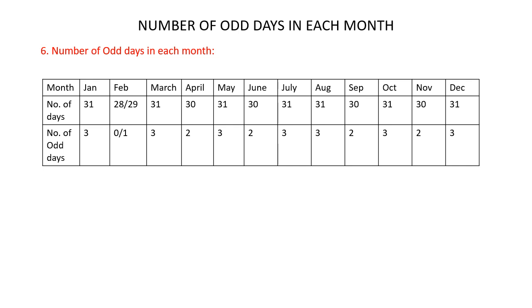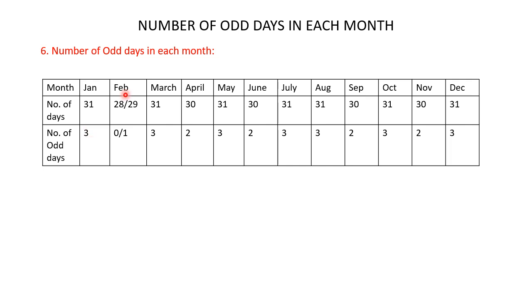Now January has 31 days. To find the number of odd days in January, divide 31 by 7. The remainder will give you the number of odd days in January. So 31 divided by 7 gives 3 as the remainder, which means January has 3 odd days.